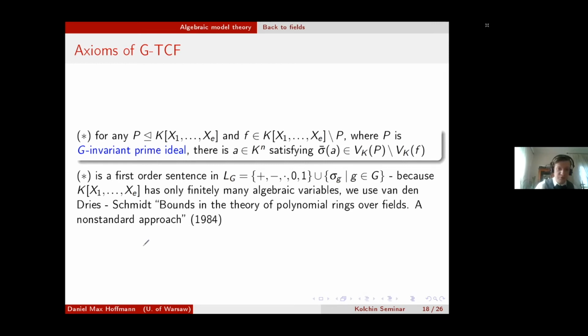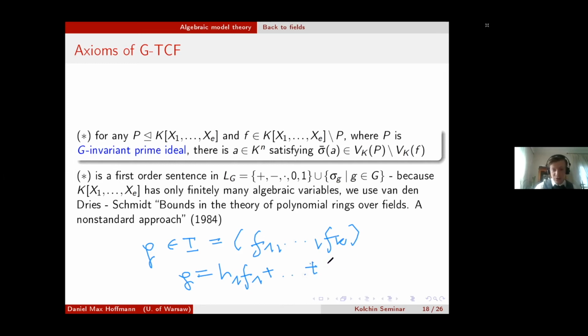Say that you want to check that G belongs to the ideal I generated by F1 up to Fk. That means that G can be written as a combination of such polynomials, H1 F1 up to Hk Fk. And the paper by Van den Dries and Schmidt also gives you bounds on the degrees of H1 up to Hk.